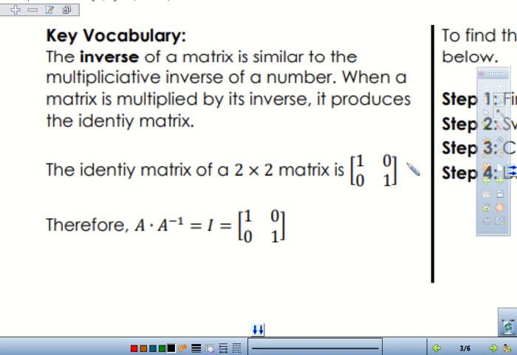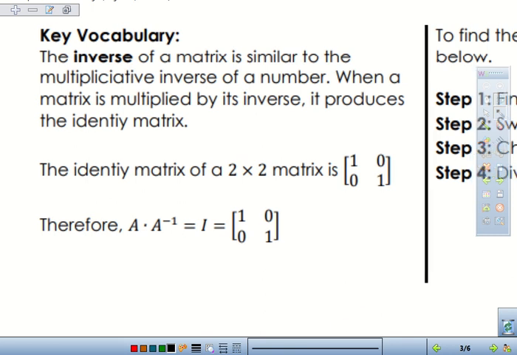Does everybody see how that pans out here with the identity matrix? And we call the identity matrix capital I. So the rule is, if you take a matrix and multiply it by its inverse, the answer will always be the identity. Okay? The answer will always be the identity.